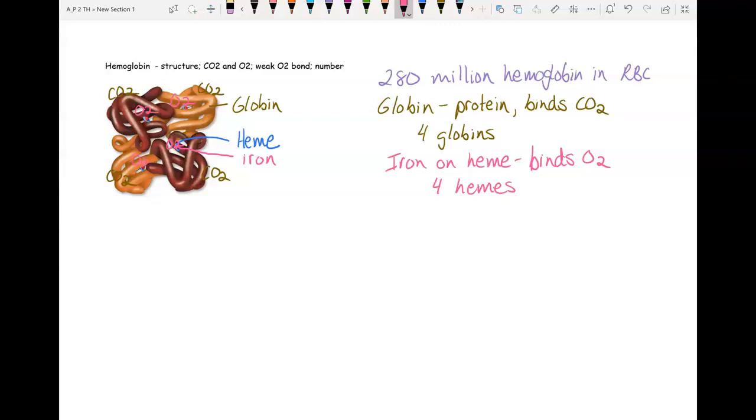It's important to note that you can't have oxygen and carbon dioxide at the same time. So the hemoglobin can either have oxygen or it can have carbon dioxide. It cannot have both at the same time.